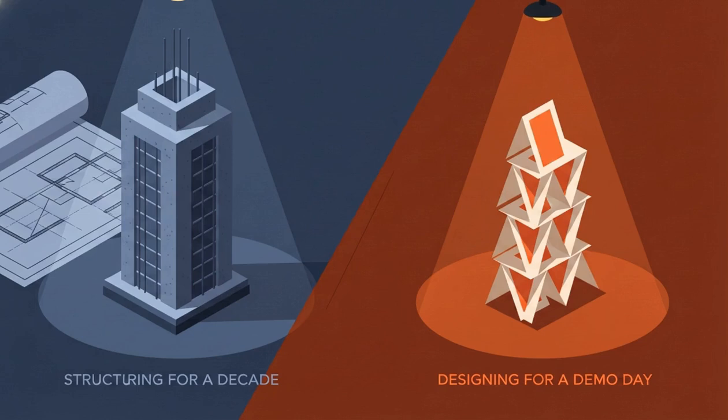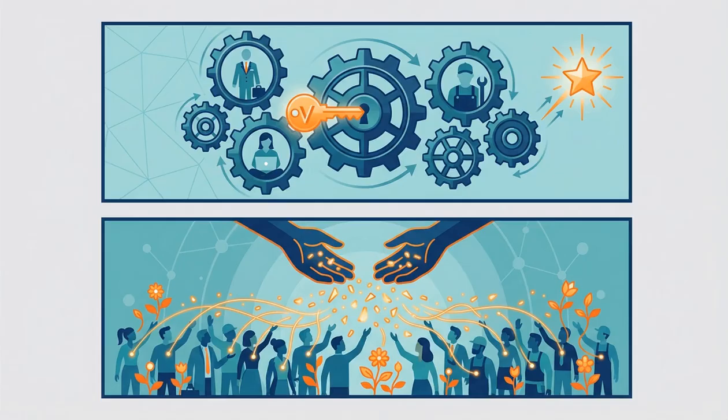All right, so let's bring this all home. If you remember just a few things from today, I hope it's these. First, what I always stress is that you must structure for a decade, not just for a demo day. Second, you might find that your most powerful tool is vesting. Use it to align every single stakeholder.